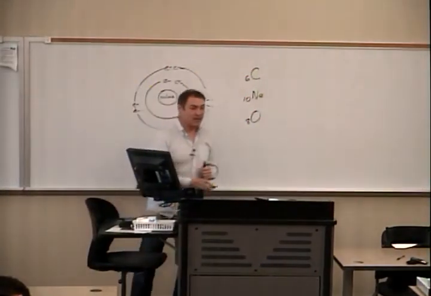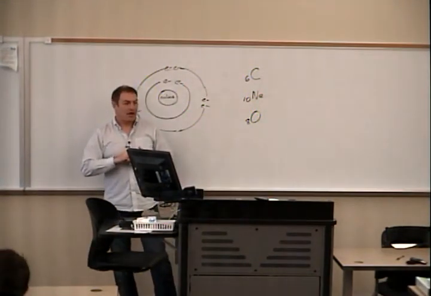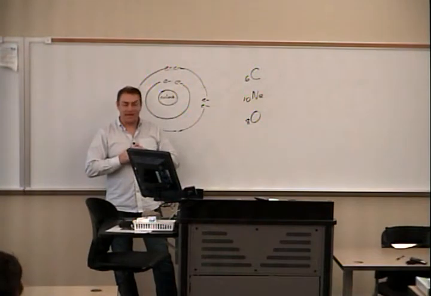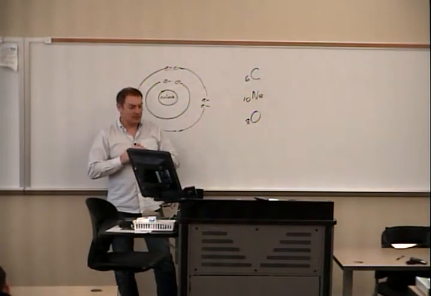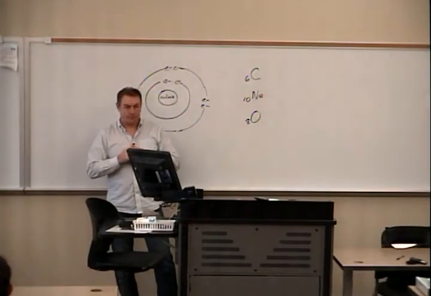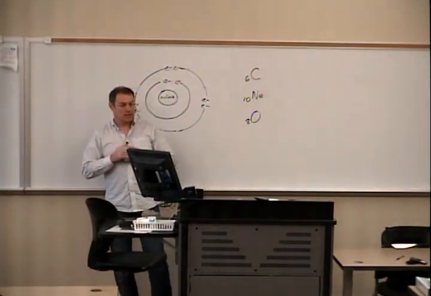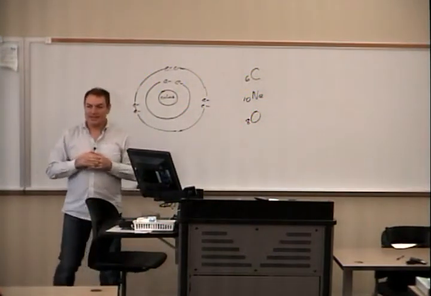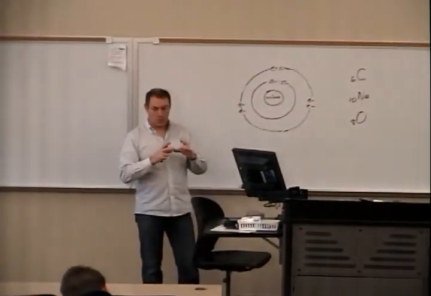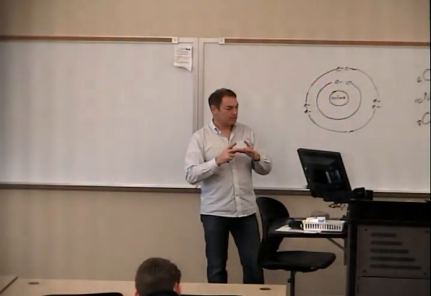And when one atom is chemically bonded to another atom, then we get a molecule. So think of a molecule as any entity where atoms are chemically bonded to each other.